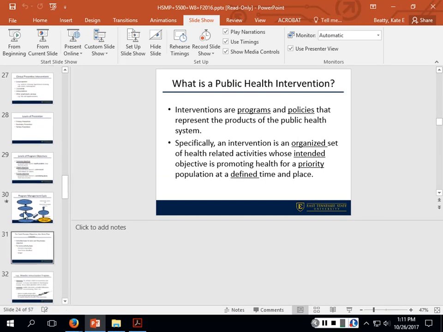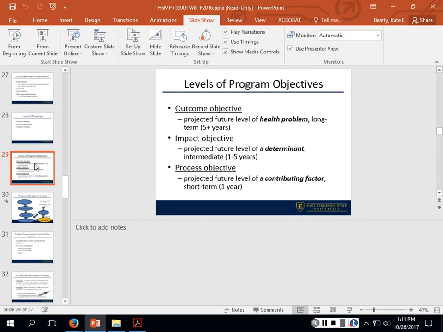We concluded our discussion last week by identifying the different types of objectives that we typically develop when we are designing a program. We said that there are really 3 types of objectives.